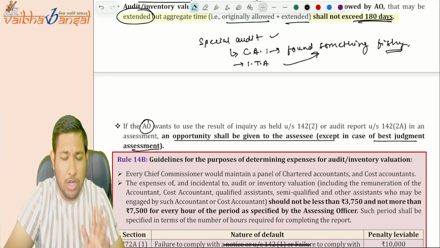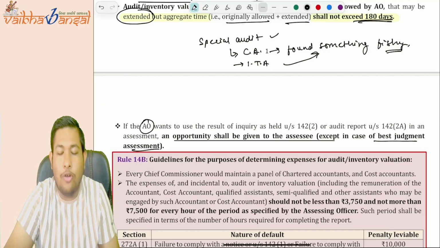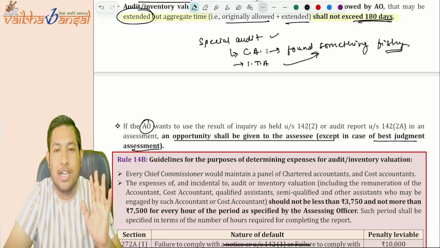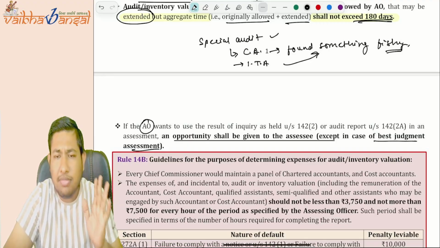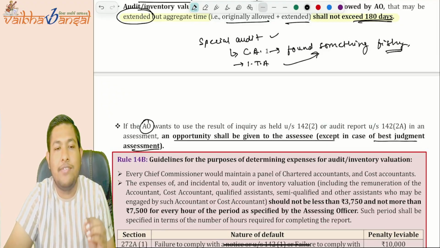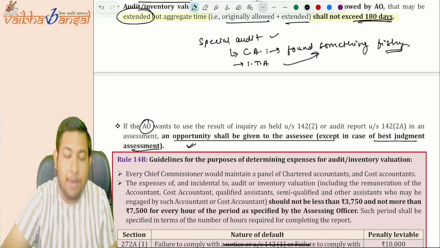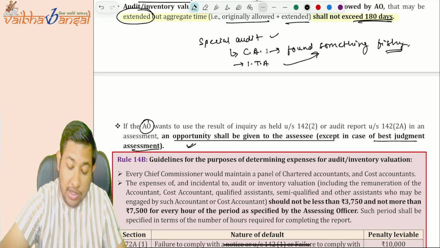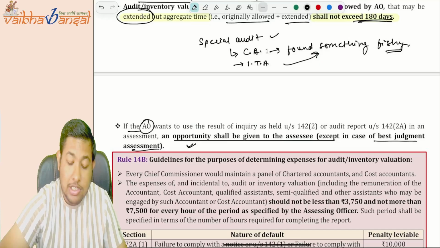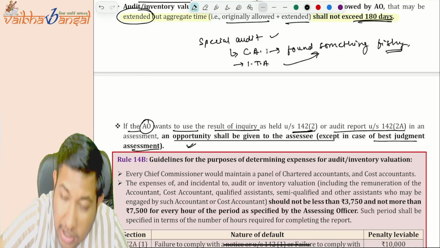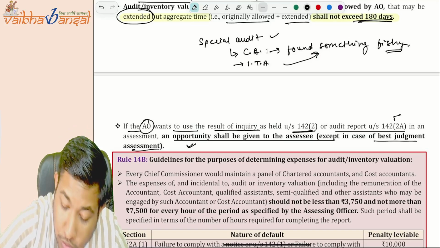First of all, what do you need to understand? If the assessing officer wants to use the findings of a chartered accountant in the special audit or the inventory valuation, then he definitely needs to give the assessee an opportunity first. It says that if the assessing officer wants to use the result of inquiry held under section 142(2A) or 142(2A)... 142(2A) is what?